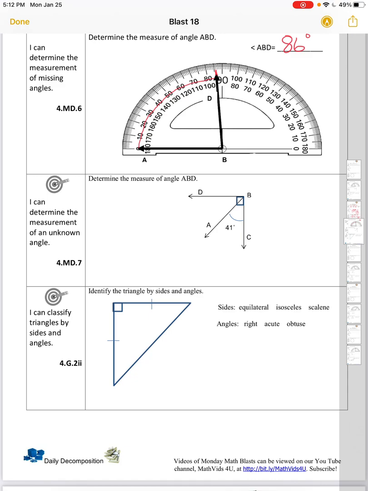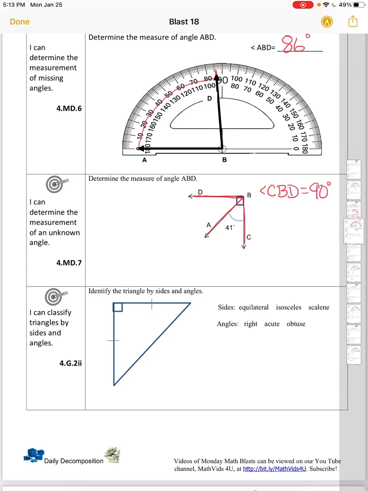I can determine the measurement of an unknown angle. Determine the measure of angle ABD. So here, angle ABD is part of a larger angle. It's part of angle CBD, which we know measures 90 degrees. So angle CBD equals 90 degrees.